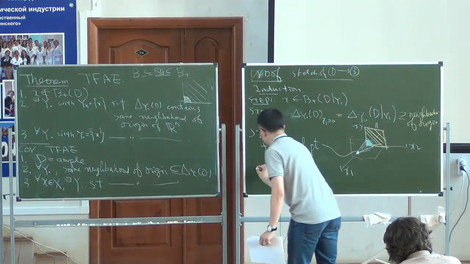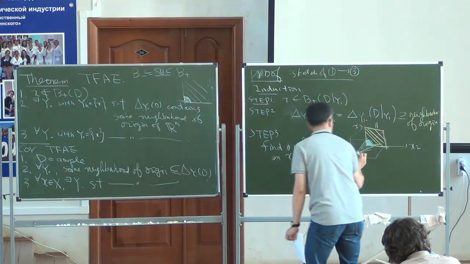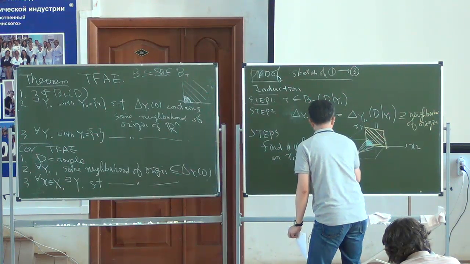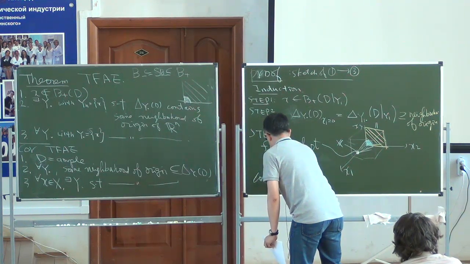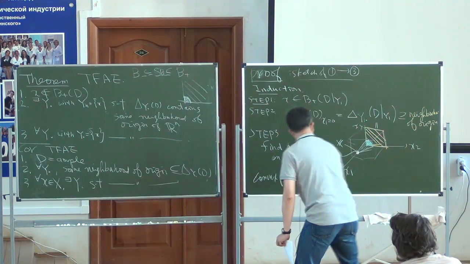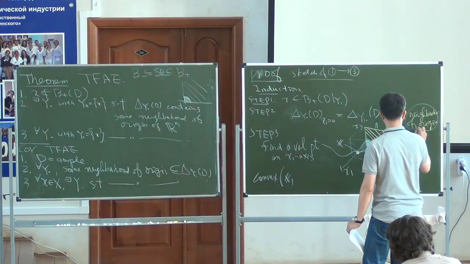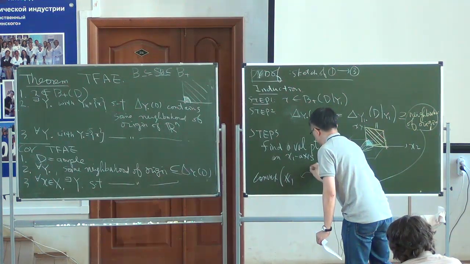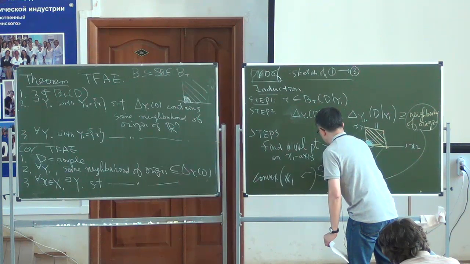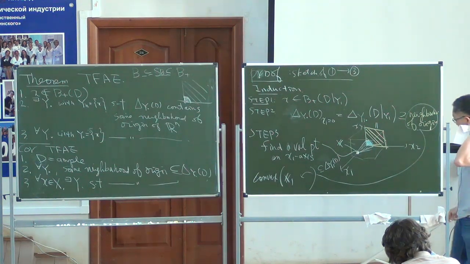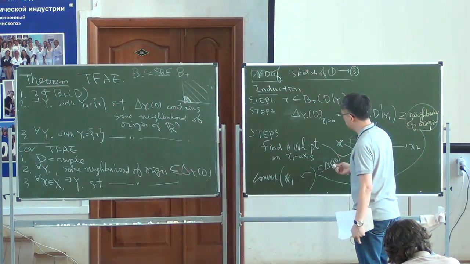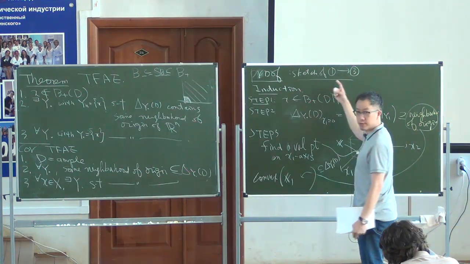Okay, so let's say this is x, the convex hull of x and this neighborhood must be contained in the original Okounkov body. So this proves this direction.